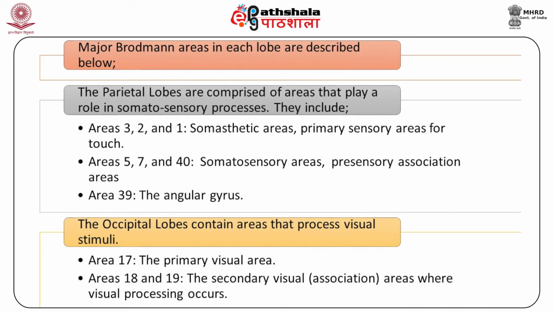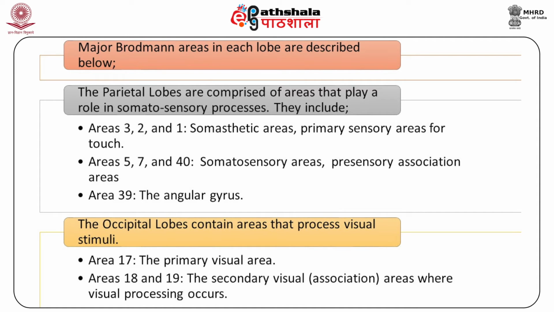The parietal lobes are comprised of areas that play a role in somatosensory processes. They include areas numbered 3, 2 and 1 in the diagram, which show somesthetic areas, primary sensory areas for touch.